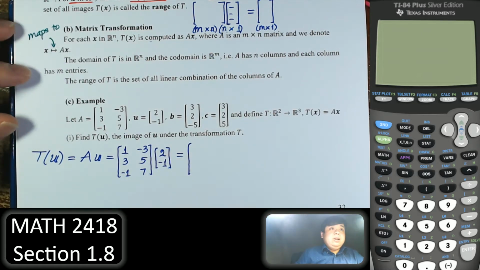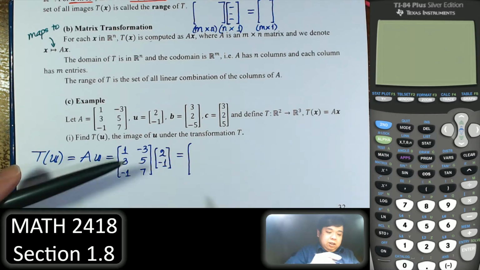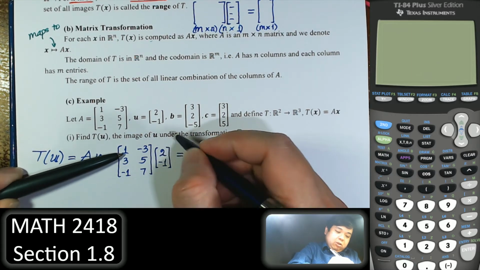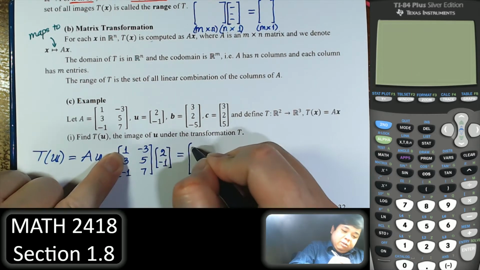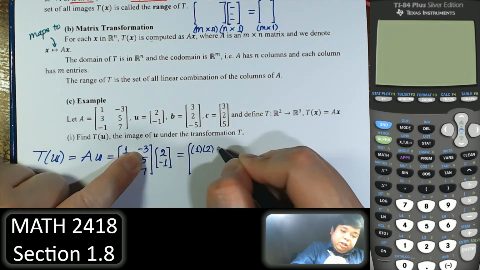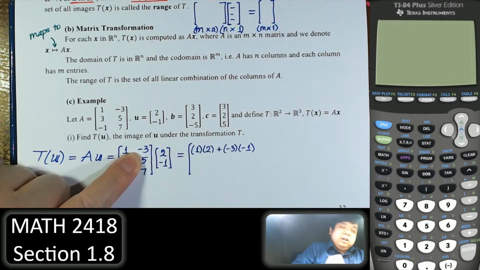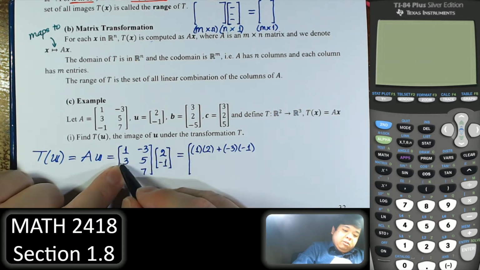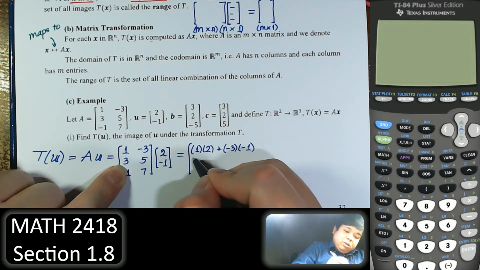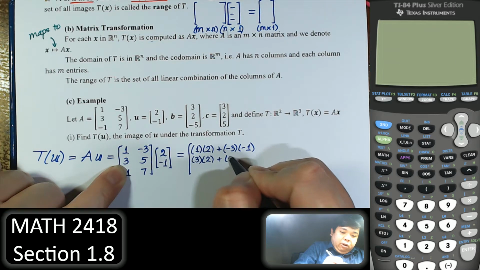Once again, multiply row times column. First, 1 times 2 plus negative 3 times negative 1, that's first row, first column. Second row: 3 times 2 plus 5 times negative 1.